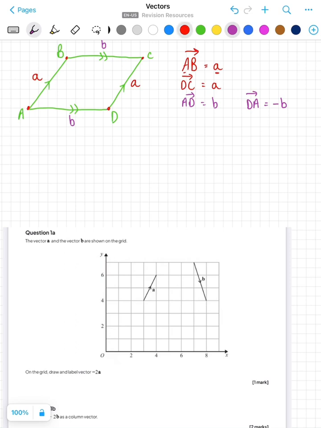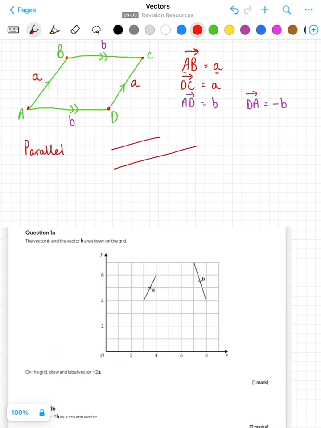If we wanted to prove that lines are parallel, let's just show by our lines. These are 2 parallel lines. They are travelling in the same direction. However, they're different lengths, so they will have a different magnitude. So for example, if our first line has vector a, our second line might be 3a.